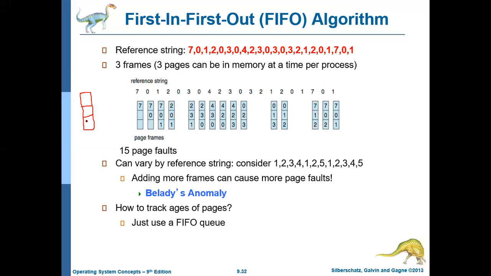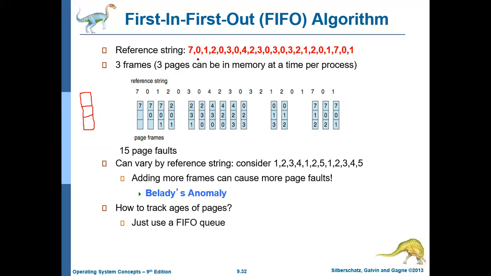So it is a page fault. You are going to place this 7 in the blank space because you don't require any replacement here. You can directly insert it because 3 frames are free.